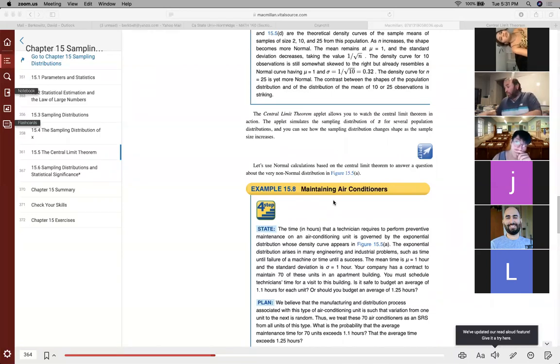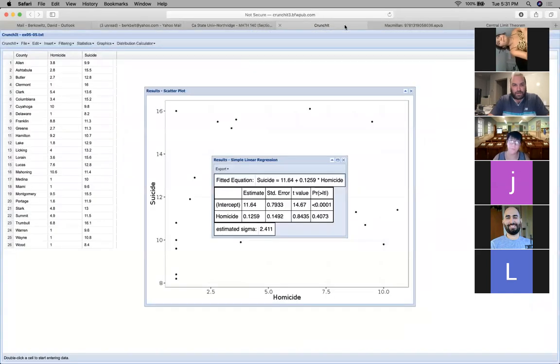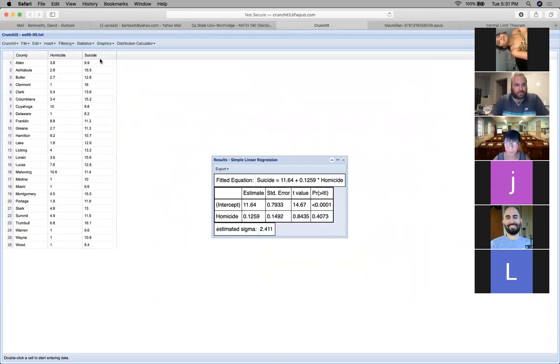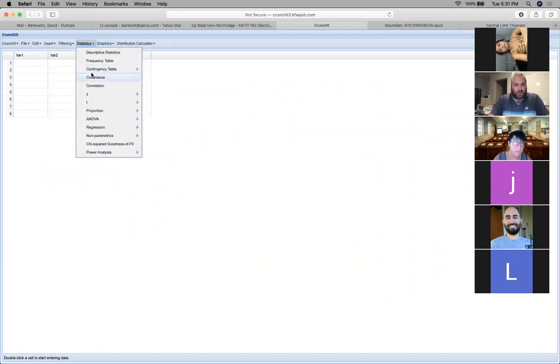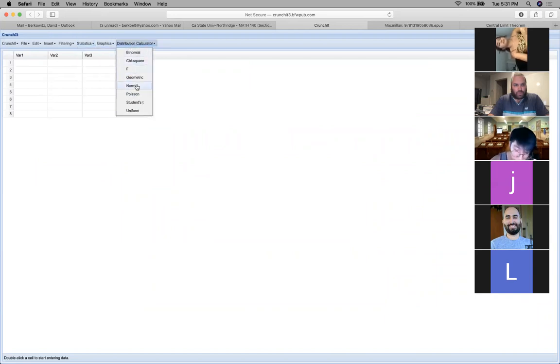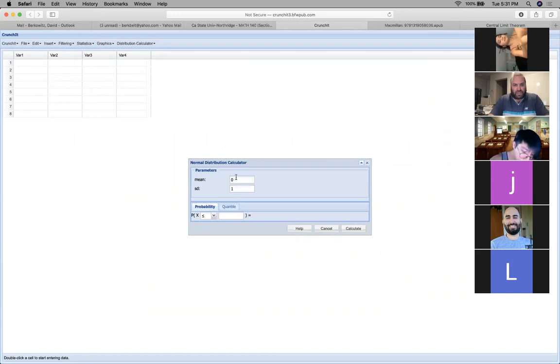I could, or I can use Crunchit. Yes, let's use Crunchit. So let's go to Crunchit, new. So we're looking for normal. It's z, so mean 0, sigma 1, and greater than 0.8366, which is what I had on my calculator.